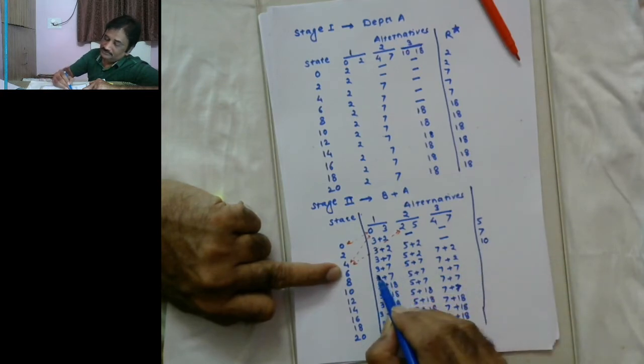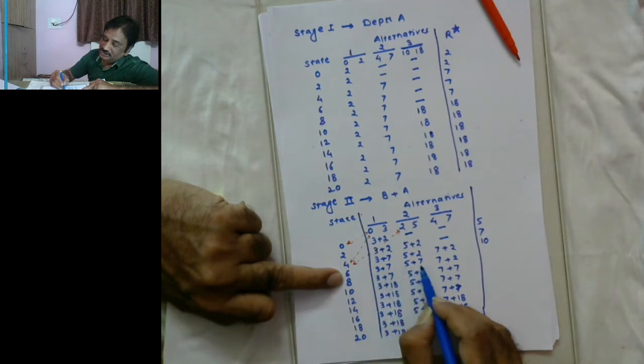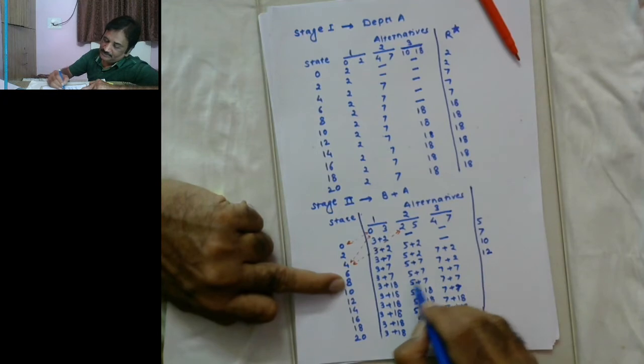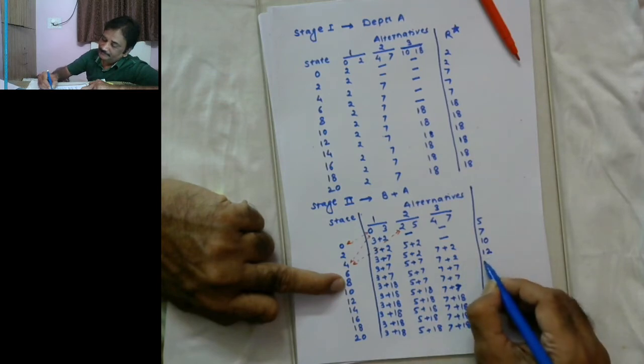Then here again, it is 10. And if you assume you have 6 crore, then this is 10, this is 12, this is 9, 12 crore rupees. If you assume you have 8 crore, this is 10, this is 12, and this is 14. Correct?